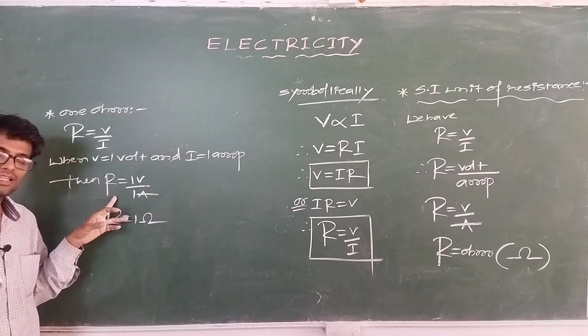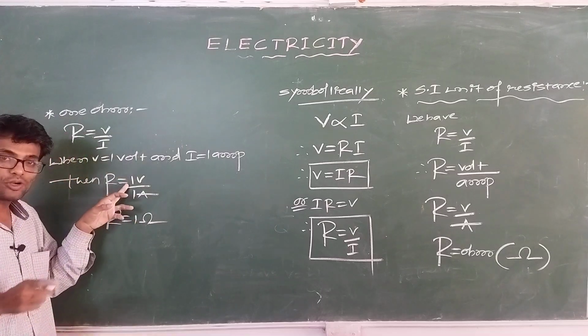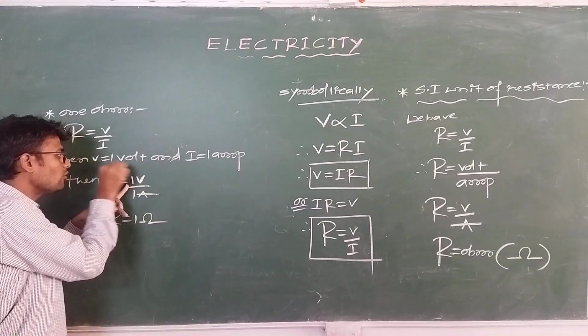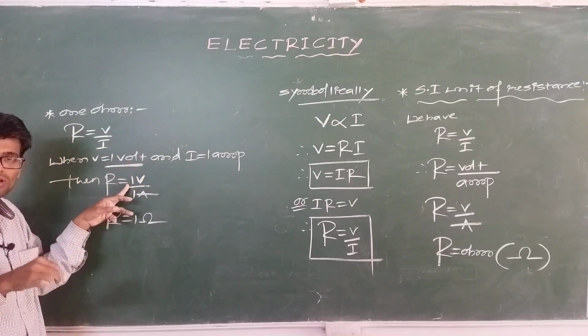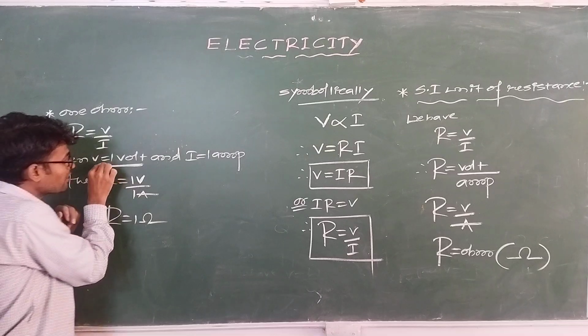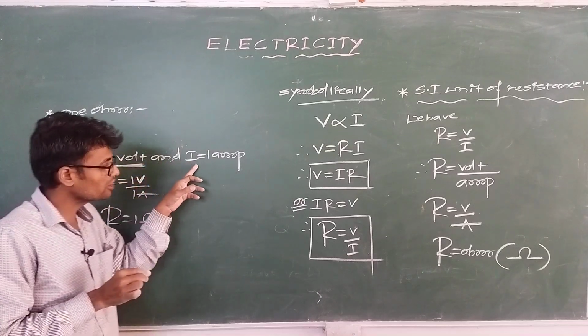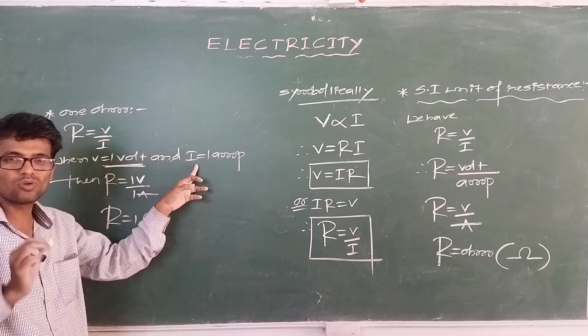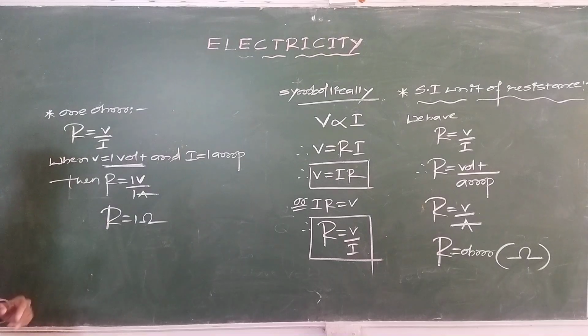I took V equal to 1 volt, and current flowing in the electric circuit is 1 ampere. So this is the definition of 1 ohm.